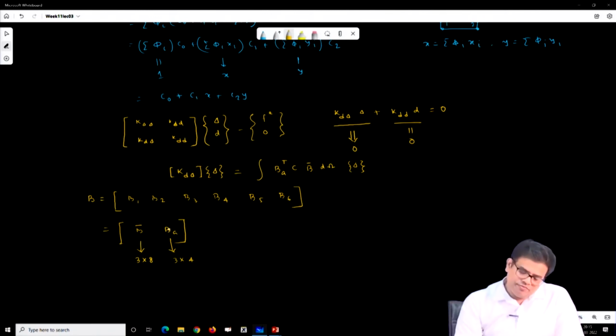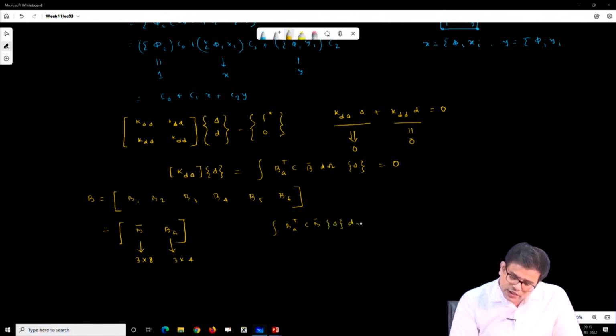Now if I put this thing equals to 0, what does it mean? That means integral B A transpose C B bar into delta, let us say delta I take inside, then d omega must be equal to 0.